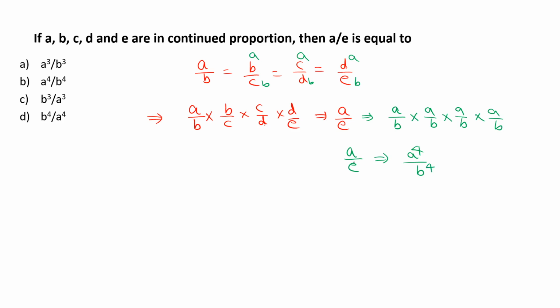The value of A upon E is nothing but A power 4 upon B power 4. Where is that? Option B. A power 4 upon B power 4, that is option B, would be our correct answer.